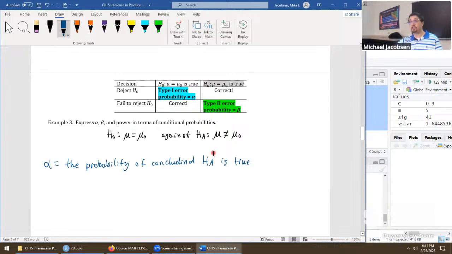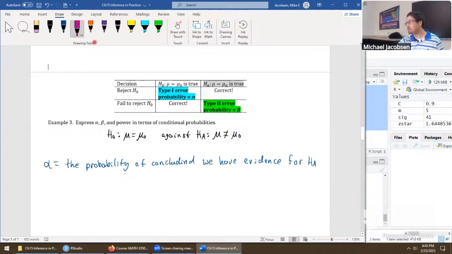We conclude that the alternative is true, or that we found evidence for it, or we failed to find evidence for it. Let's say concluding we have evidence for HA. Saying we have evidence HA is true is okay as well, but we should say we found HA is true. We never are totally certain unless we took a census, in other words.